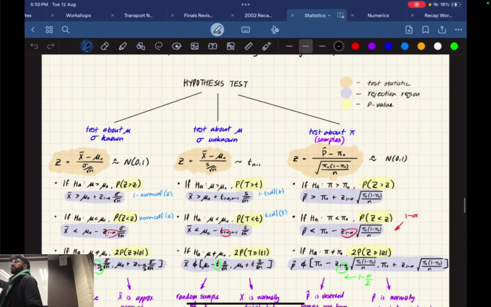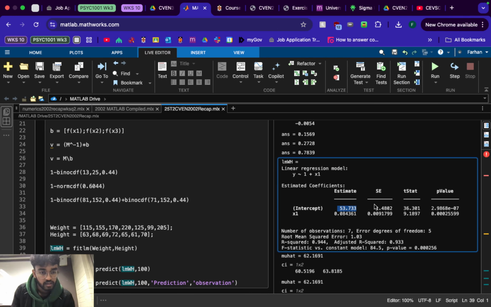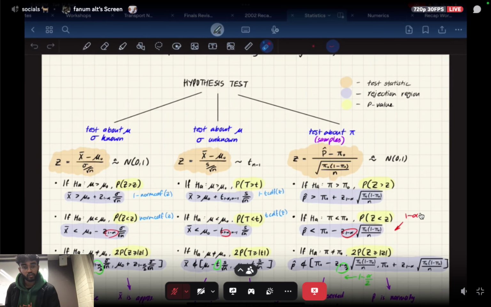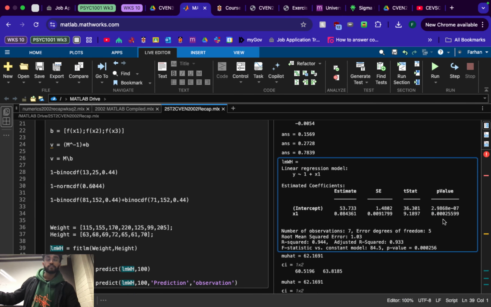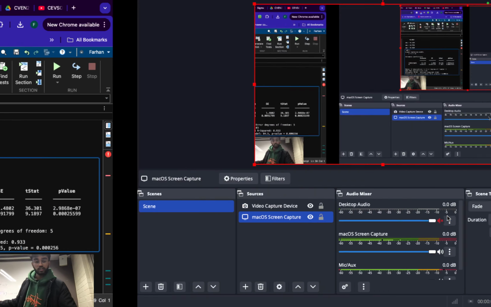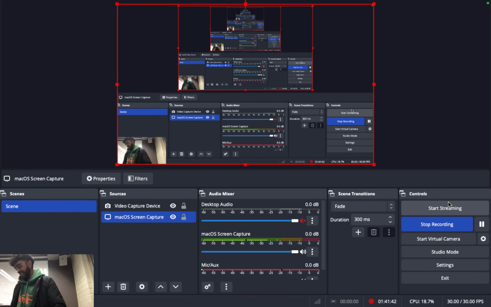This is all your hypothesis tests. The orange stuff is your test statistic value. MATLAB does it for you instead of doing it by hand, like I showed you here. Similarly, your p-value is your yellow stuff. They also give it to you on the table, on the right.